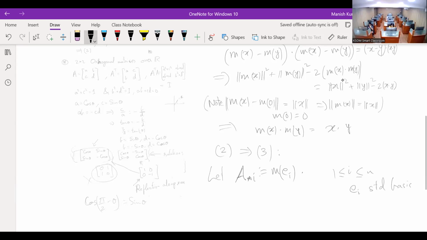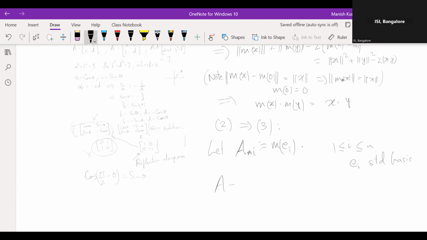So A is now a matrix whose first column is A star 1, second column is A star 2, and so on up to A star n.